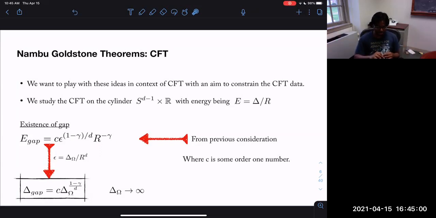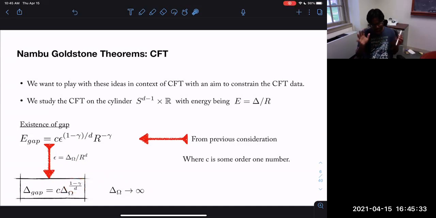And again, you are thinking about a finite energy density state. So you can relate this finite energy density with some delta omega, some scaling dimension of some primary operator, which creates a state by radial quantization. If you plug that back in and rewrite everything in terms of inherently CFT quantities, you will see that the delta gap over this state delta omega scales like delta omega to the power (1 minus gamma) over d.